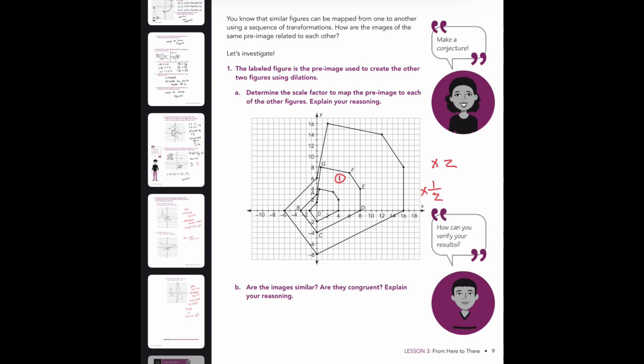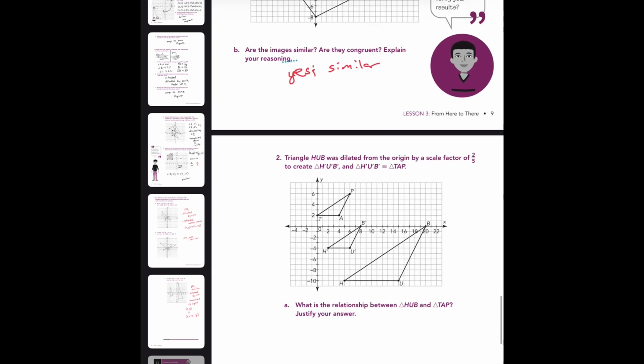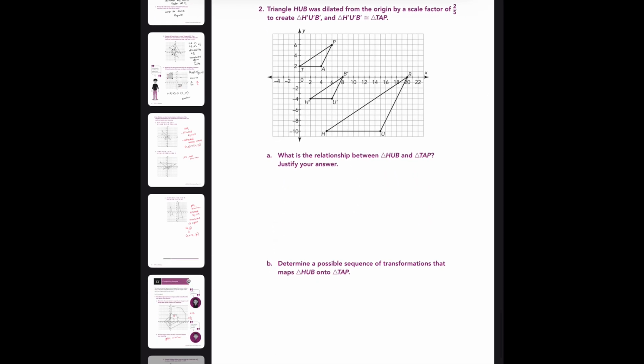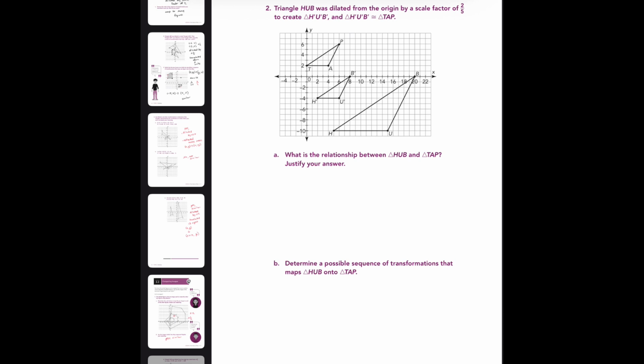Are they similar? Yes. If they are dilated by the same scale factor, they are similar figures. Okay, it says triangle HUB was dilated from the origin by a scale factor of 2/5 to create the new HUB, and HUB is congruent to TAP.